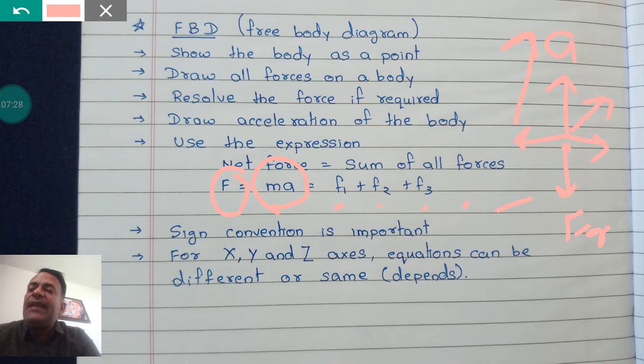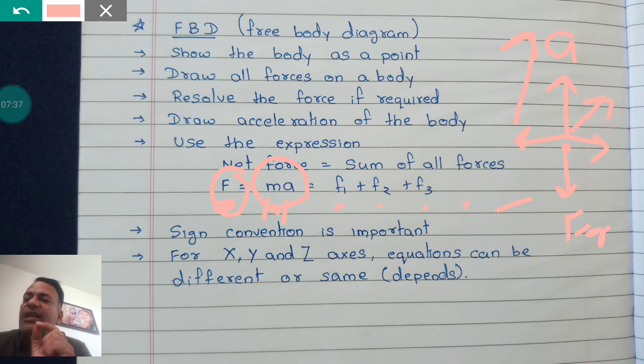So m is the mass of the body, a is the acceleration of the body, and F is the net force acting on the body. It is always the net force which is written as m into a. Clear with this? Every force is not equal to ma. It is the resulting force, the net force, which is equal to m into a.